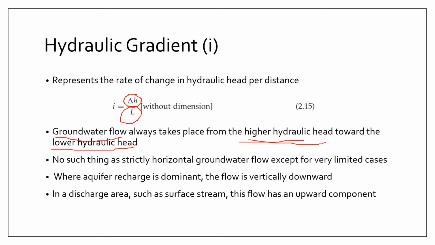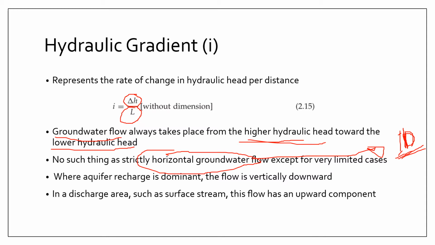And there's also no such thing as strictly horizontal groundwater flow except for a few limited cases. Although for most problems, since we are talking about one-dimensional problems, most of the time we just assume a purely horizontal groundwater flow, because we are trying to simplify the problem.